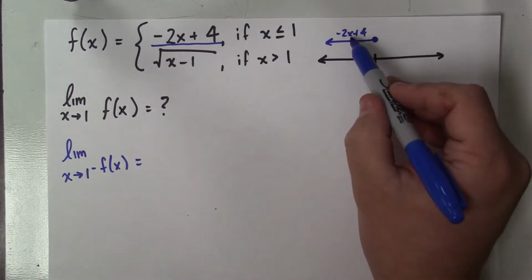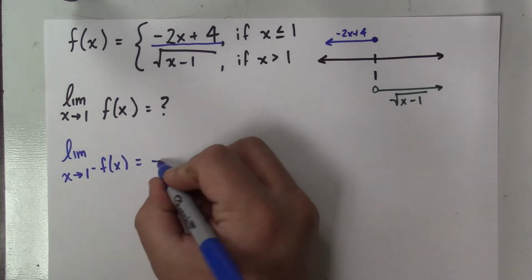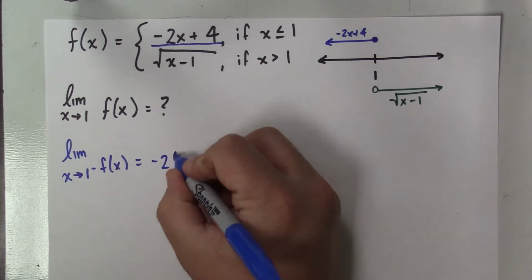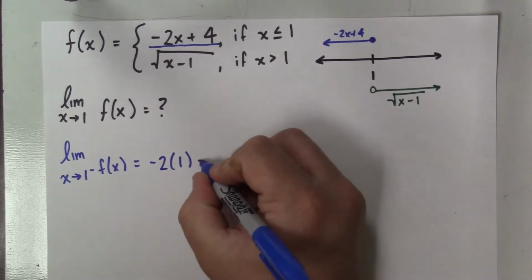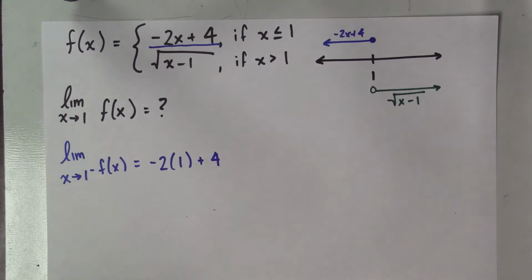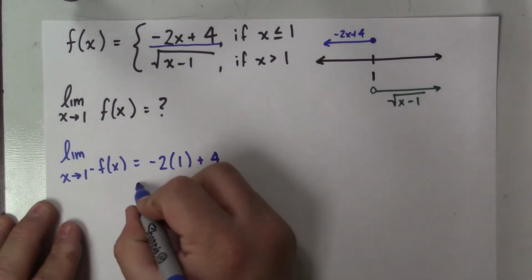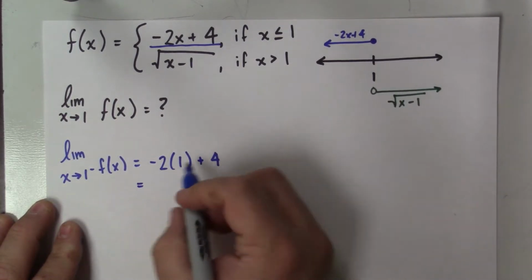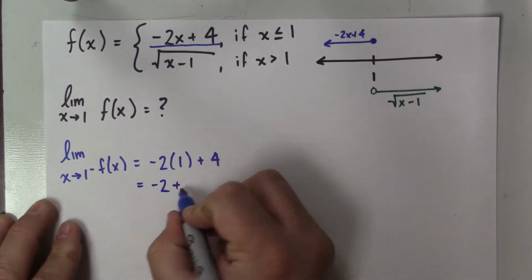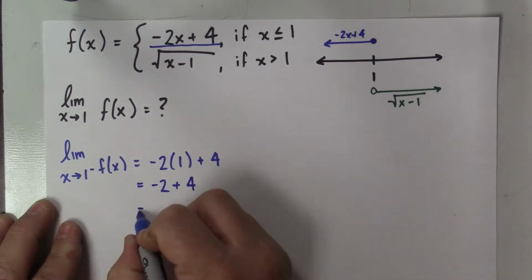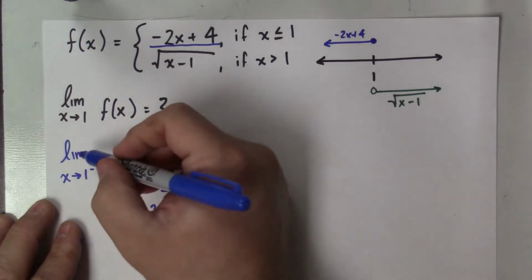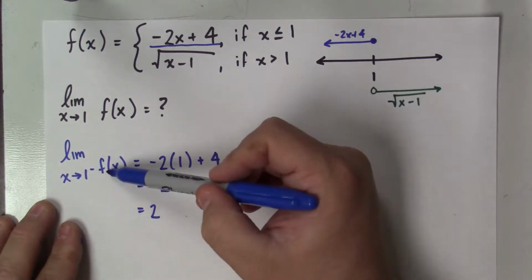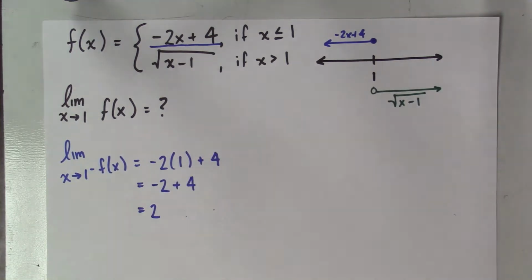So if I plug in 1 into this function, I have no domain restrictions because this is linear. So all I'm doing is evaluating this function at 1 based on this rule. Negative 2 plus 4 is 2. So the limit as x goes to 1 from the left of f of x is 2.